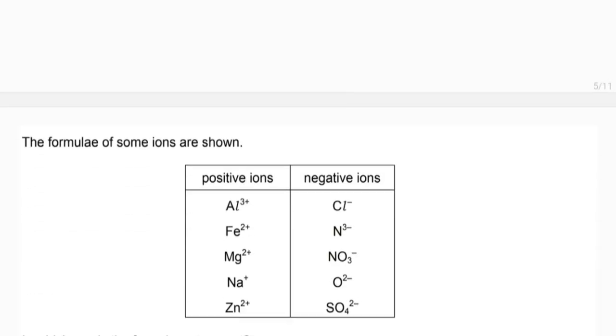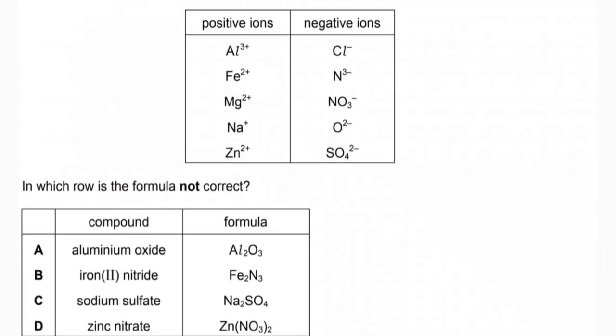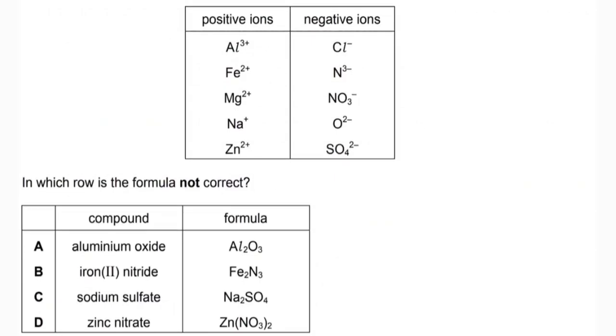The formulae of some ions are shown. These are some of the positive and negative ions. In which row is the formula not correct? Aluminium oxide is Al2O3, Al3+ and O2-, which is correct. So our question is, which one is not correct? Yeah, iron(II) nitride, so Fe2+ and N3-, which is incorrect.